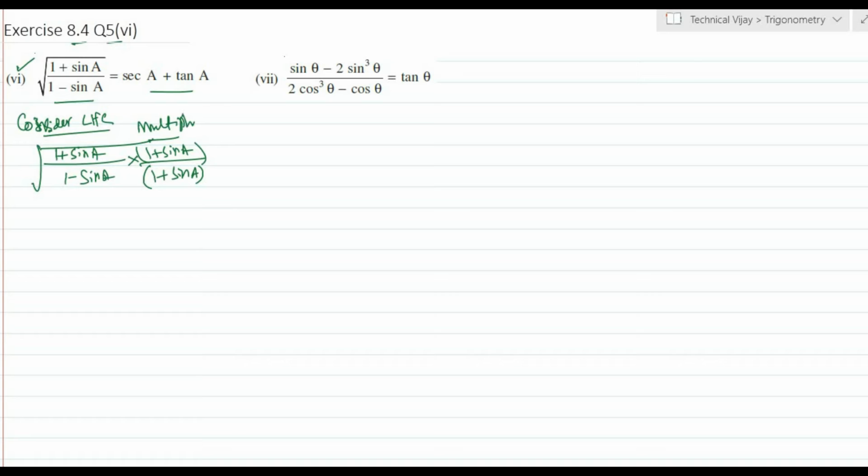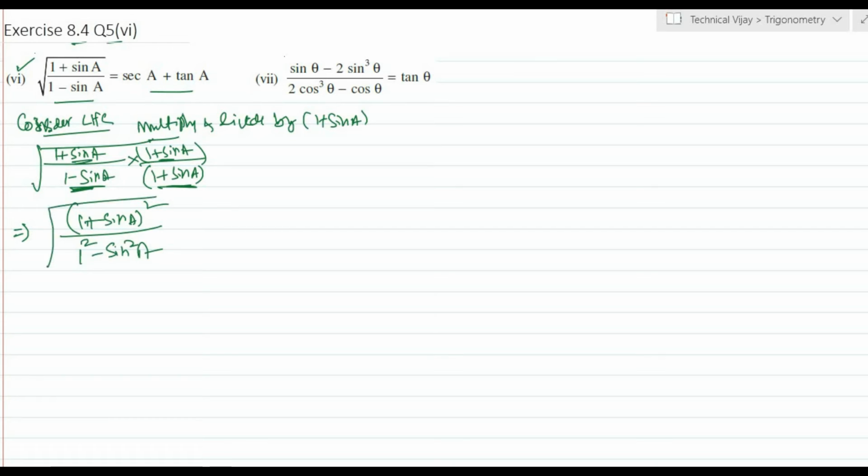Multiply and divide by 1 plus sin A, and the value will remain the same, because in the denominator it is 1 minus sin A. This is equal to 1 plus sin A whole square, divided by A minus B times A plus B, which is A square minus B square, that is 1 square minus sin square A.